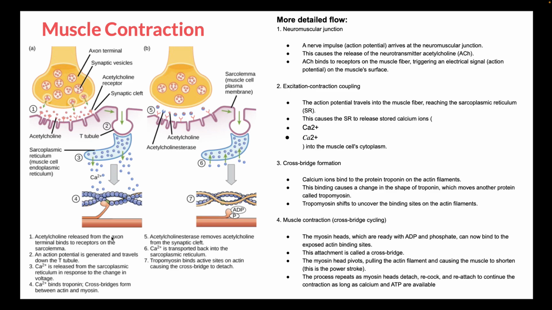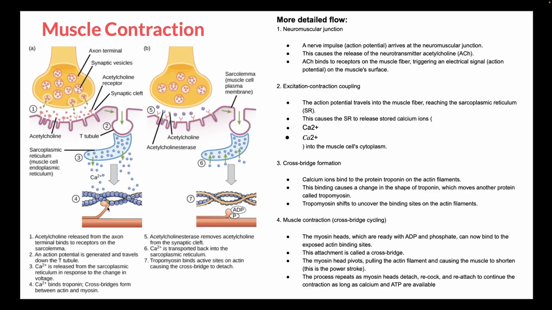So acetylcholine released from the axon terminal binds to receptors on the sarcolemma, and an action potential is generated and travels through the T tubules. Now it tells the sarcoplasmic reticulum to release calcium, and this calcium binds to the troponin. And when it binds to the troponin, the troponin will change shape and pull the tropomyosin away from the actin binding site.